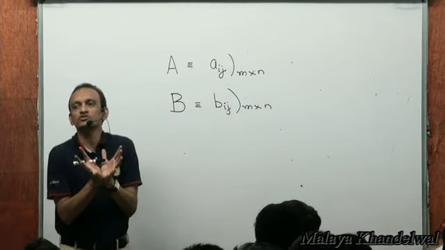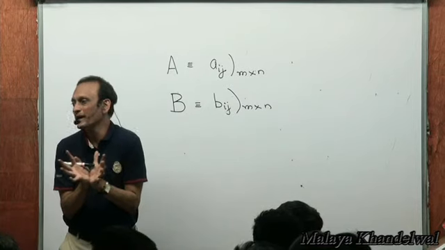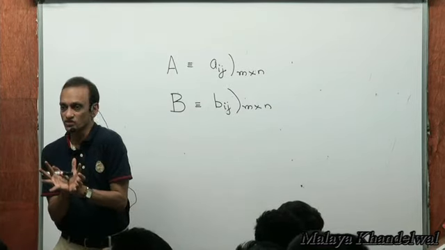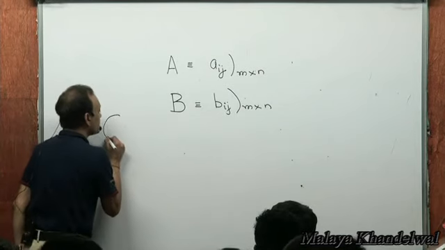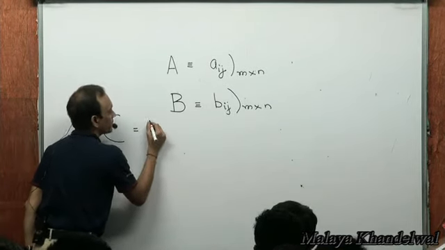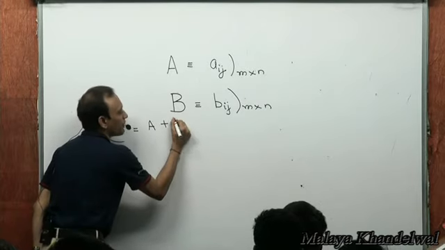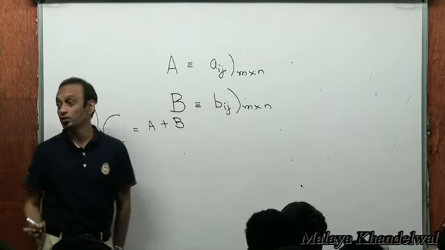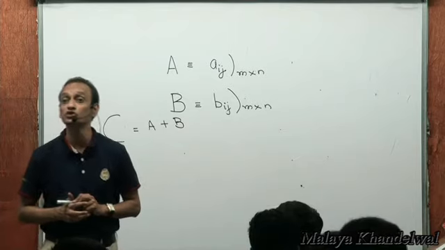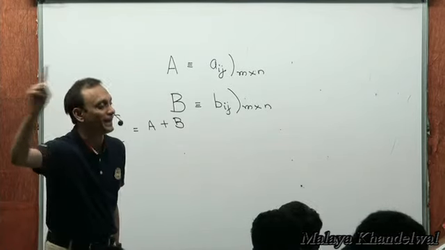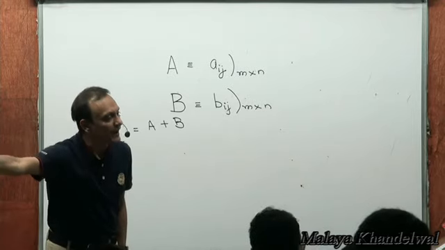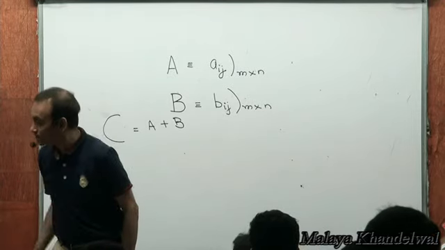Now, two matrices of the same order, m by n, we could add those matrices. So when I say C is A plus B, then A plus B is an operation which is possible only if both matrices are of the same order, m by n. Only then you can perform this operation.